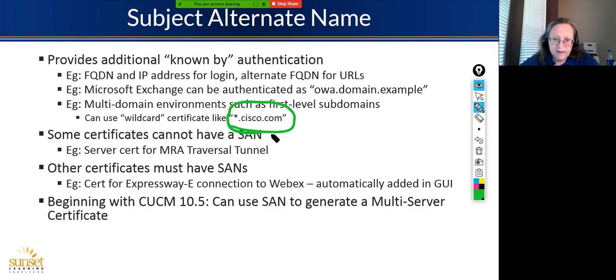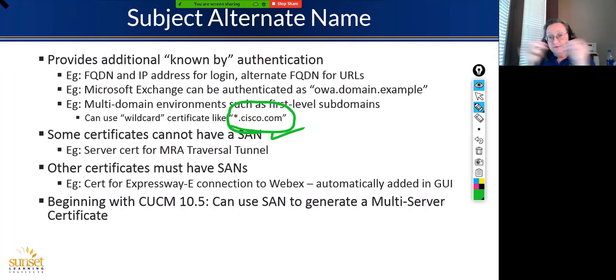There are certain certificates based on the environment that cannot have a SAN. As an example, if you're setting up the Expressway CE pair for MRA, and now what I'm talking about here is if you get the $0 license keys and all that for MRA, not the full-blown Expressway C's and E's, because those are expensive, but the one you kind of get if you're doing cool licensing, right?